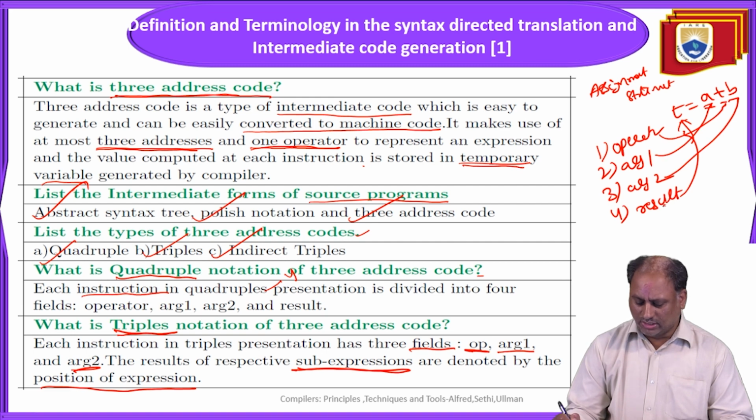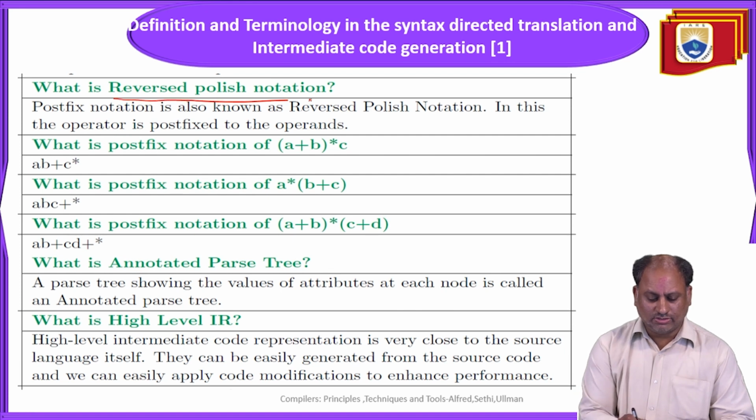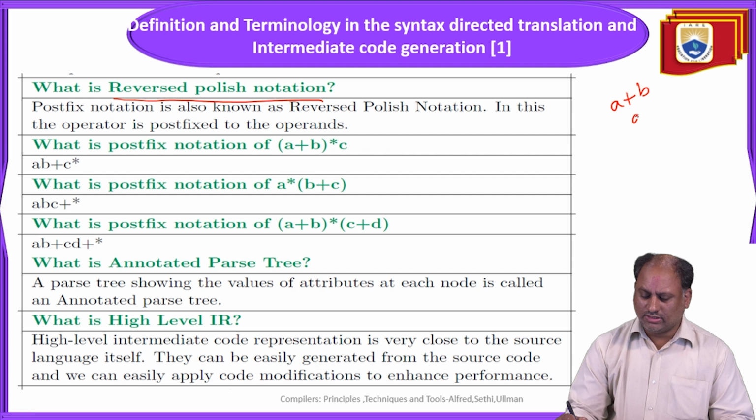What is the reversed polish notation? It is the postfix notation. We know that we have different forms: infix, prefix, postfix. So postfix notation has to be represented. Suppose operand A, operator, operand B, then operands are followed by operators. That is postfix notation.